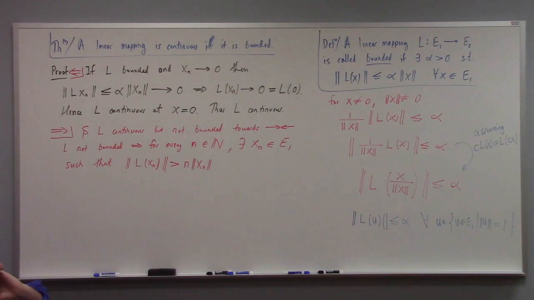Wouldn't the straight negation be that it's not bounded if for all positive alpha... No, there just doesn't exist a natural number less than 1. That's right. Divide the norm of x_n on both sides, you get 1. L of 1 is 1. No natural number exists that's less than 1.